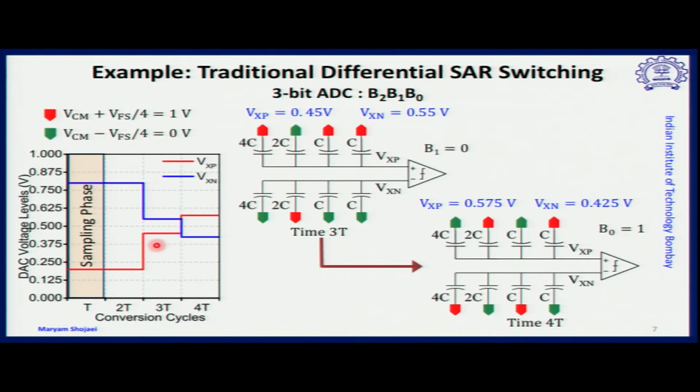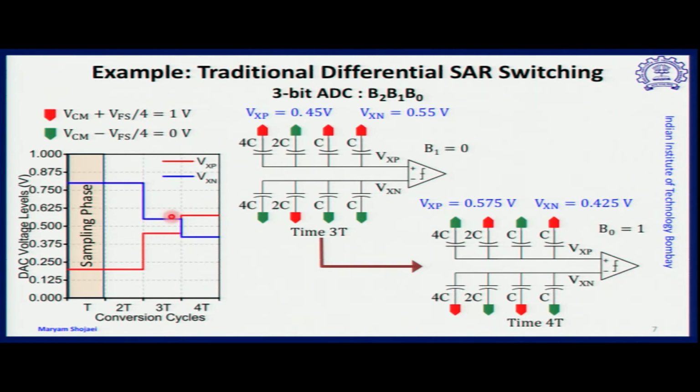As you see, Vxp is less than Vxn. Therefore, effectively, the DAC voltage levels change in such a way that the effect for Vxp increases and the effect for Vxn reduces.